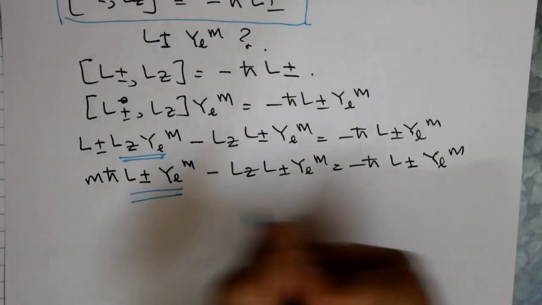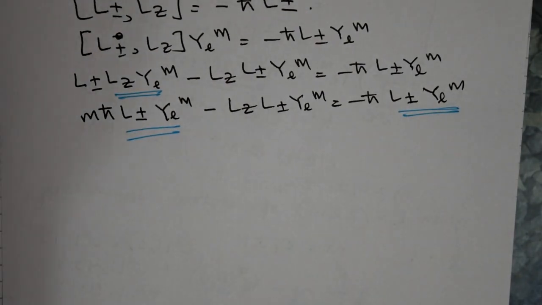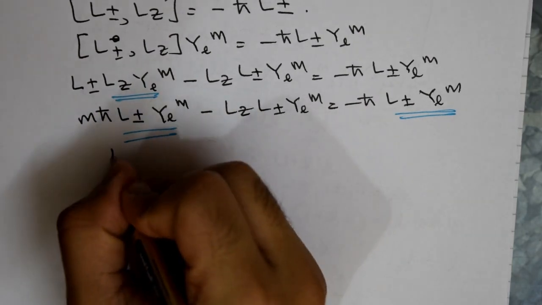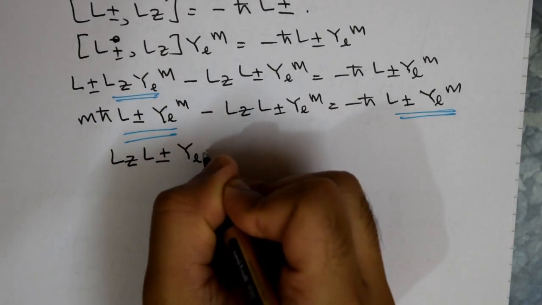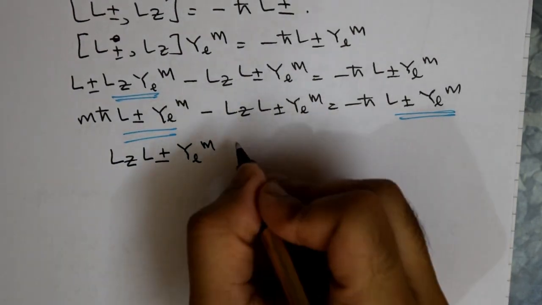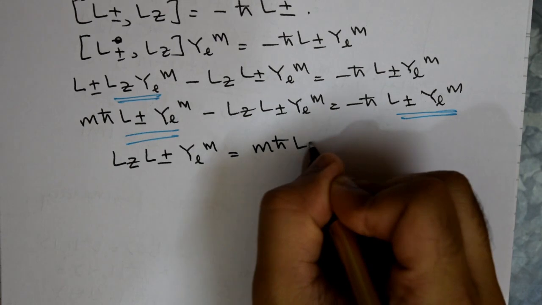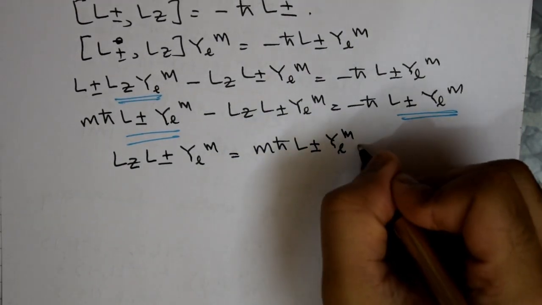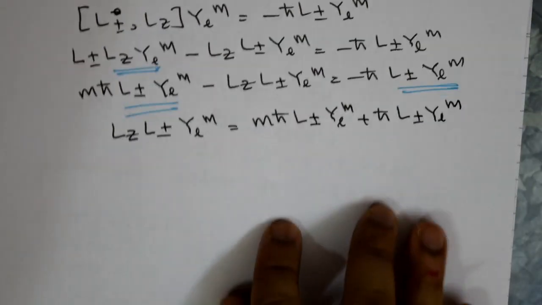When you have this, you see that on either side you have L plus minus Y_lm. So if we move terms around and multiply by minus 1, Lz L plus minus Y_lm will be equal to m ħ L plus minus Y_lm plus ħ L plus minus Y_lm.